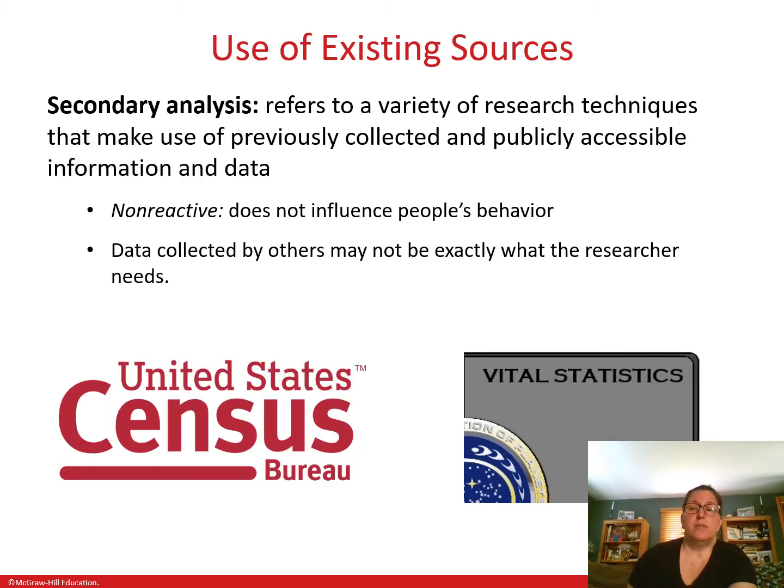Then we have the use of existing data sources, which we also call secondary data analysis, and that refers to making use of previously collected or publicly accessible information. A lot of data these days are easily accessible through the internet, through .orgs, like a government site, or even an association like the American Sociological Association or American Psychological Association.